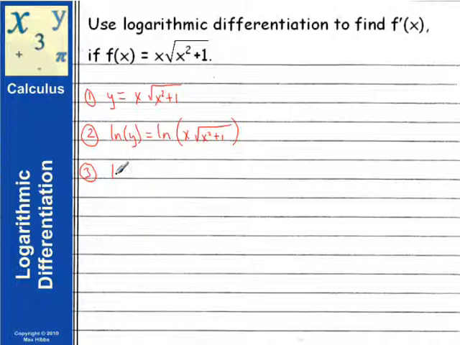What we recall about the laws of logarithms is that if we have the logarithm of a product, and we do, x times the square root, that can be written as the logarithm of the first factor, x, plus the logarithm of the second factor, which is the square root of x squared plus 1.